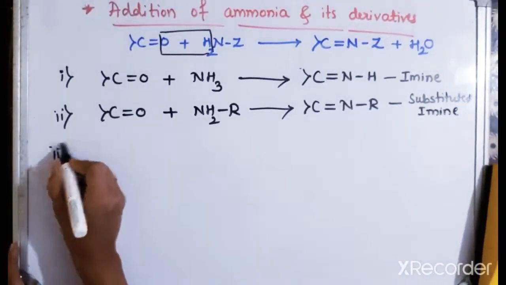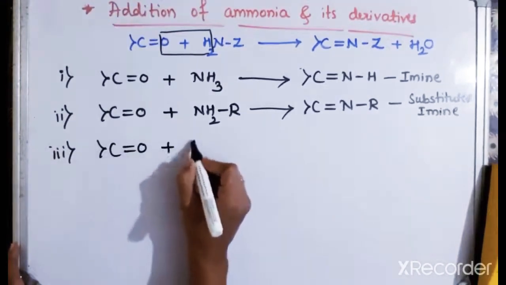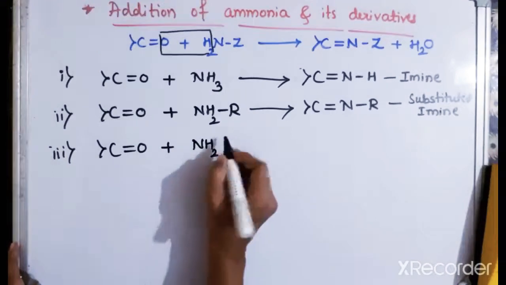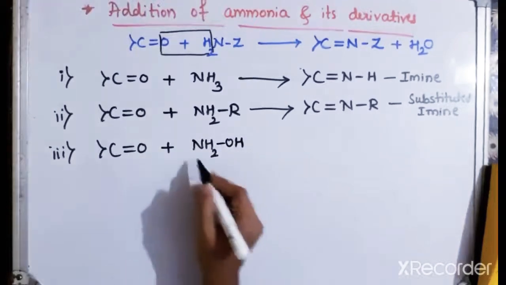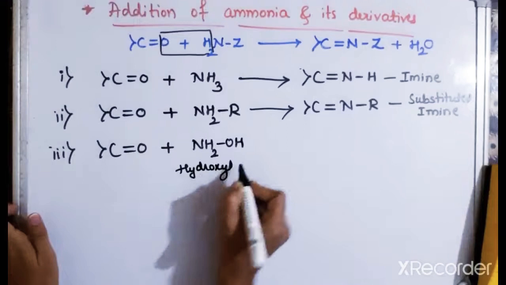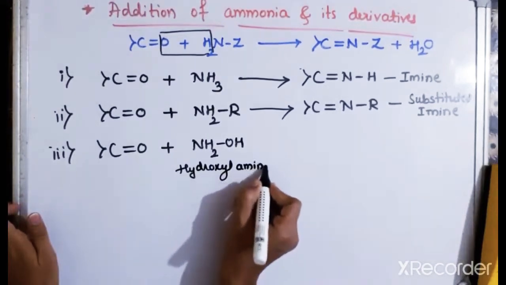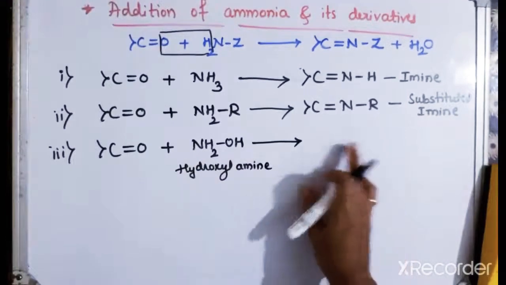Now the third reaction is carbonyl compounds on reaction with hydroxylamine. Hydroxylamine has the formula NH2OH. So when aldehydes and ketones react with hydroxylamine, what do you get as a product?